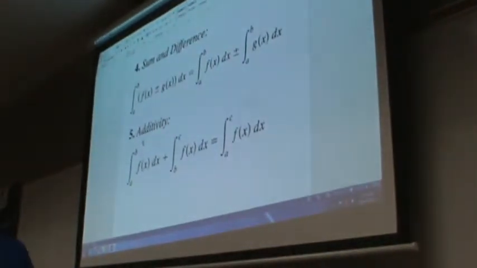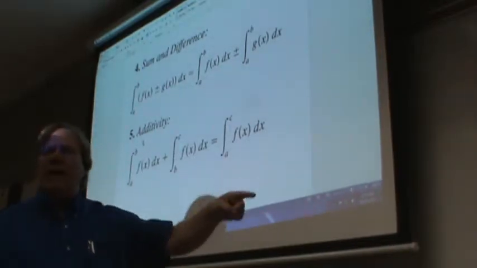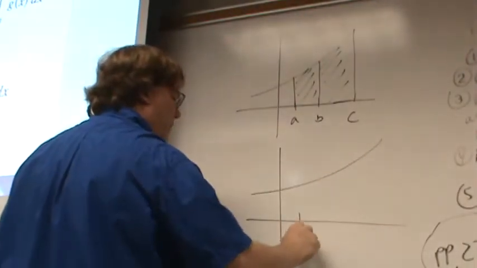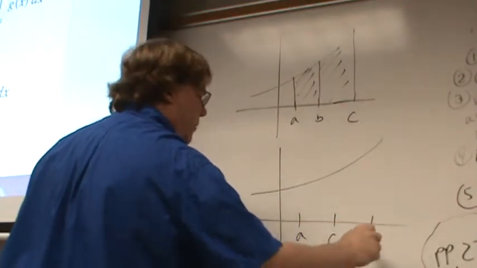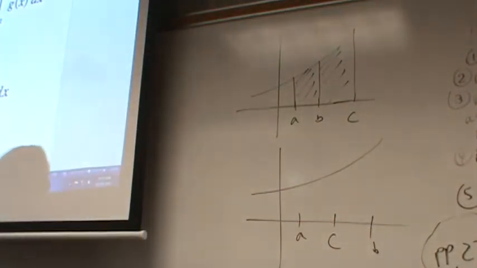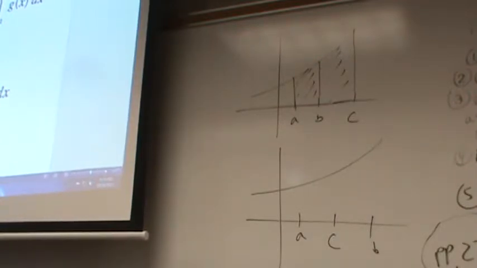But let me give you an example. What if the A, B, and C aren't in that order? What if I had this, where here's A, here's C, and here's B? Is that still going to be true? Is the integral from a to b plus the integral from b to c going to equal the integral from a to c?